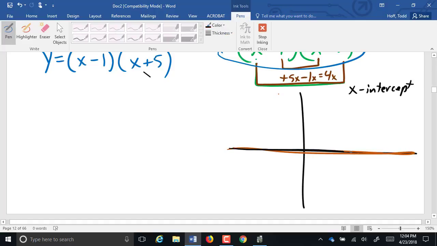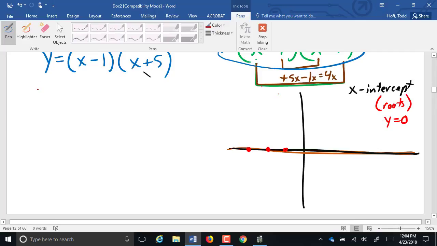For a quadratic equation and polynomial equations, those x-intercepts are referred to as roots. Well, the x-intercepts, those roots, occur where y equals 0. You can see at any point on the x-axis, the y-coordinate has to be 0.